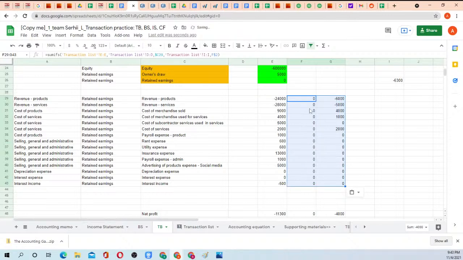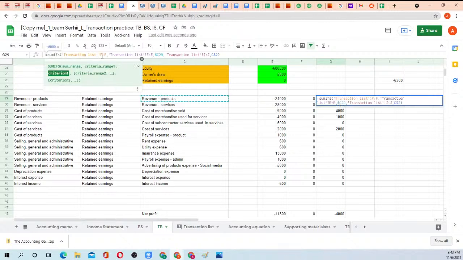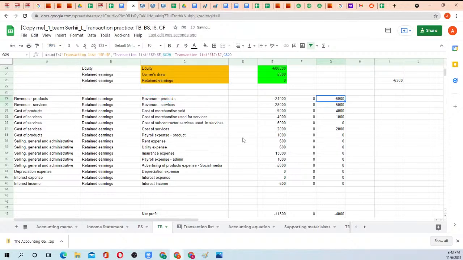And oh, okay, we got in trouble. Let's see. Yeah, we totally forgot about our other columns from which we selected the data. So I click F4, or I just put dollar signs for every column on the transaction list, because I do not want those columns to walk around too.